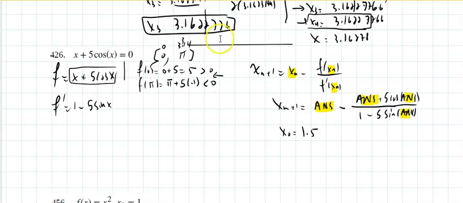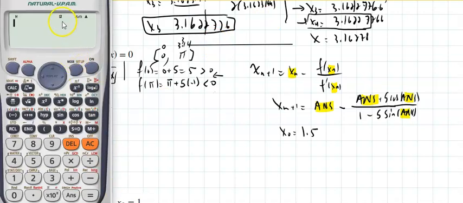So now all I have to do is go on my calculator, make sure I am in radian mode, and I am. Take 1.5, enter. Now put in answer minus, parentheses, the answer plus 5 the cosine of that answer, divided by 1 minus 5 the sine of that answer.